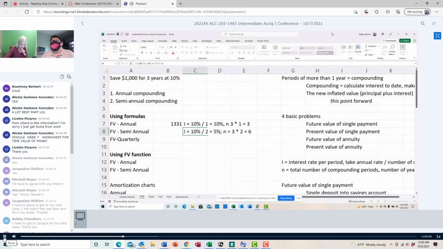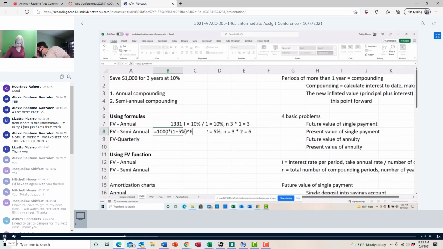So for the semi-annual, we would type in the formula equals 1,000, asterisk. And now for those of you who know math, you could just do 1.05 to the power of 6. But again, I'm going to open my parentheses, 1 plus 5%, close my parentheses, and then hat and the number 6.